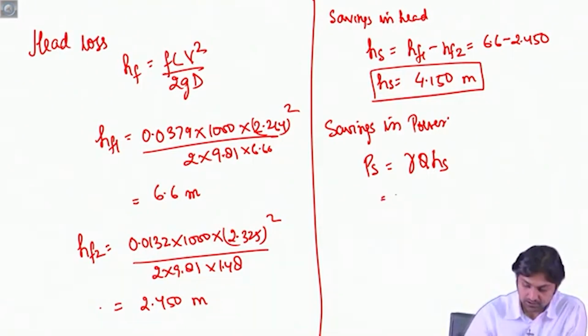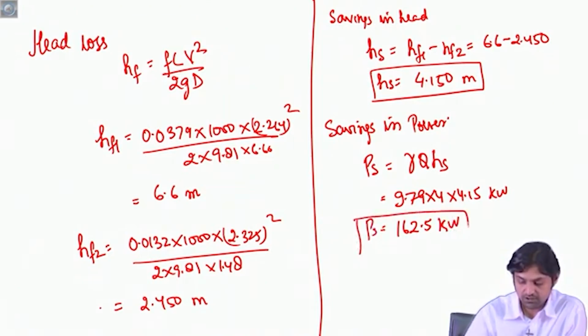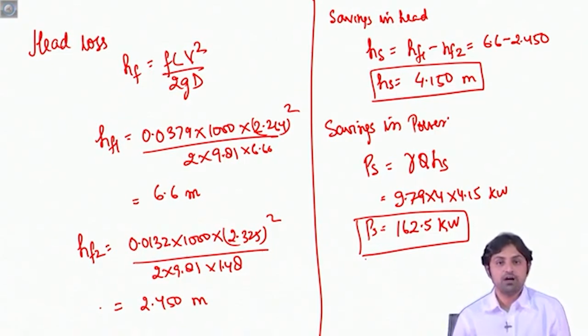So, gamma is 9.79 into 4 into 4.15, in kilowatt, because we have taken 9.79 into 10 to the power 3, that is 979 into G, 9790, instead we wrote 9.79, therefore it is in kilowatt. This will come to be 162.5 kilowatt. So, this is the saving in power.